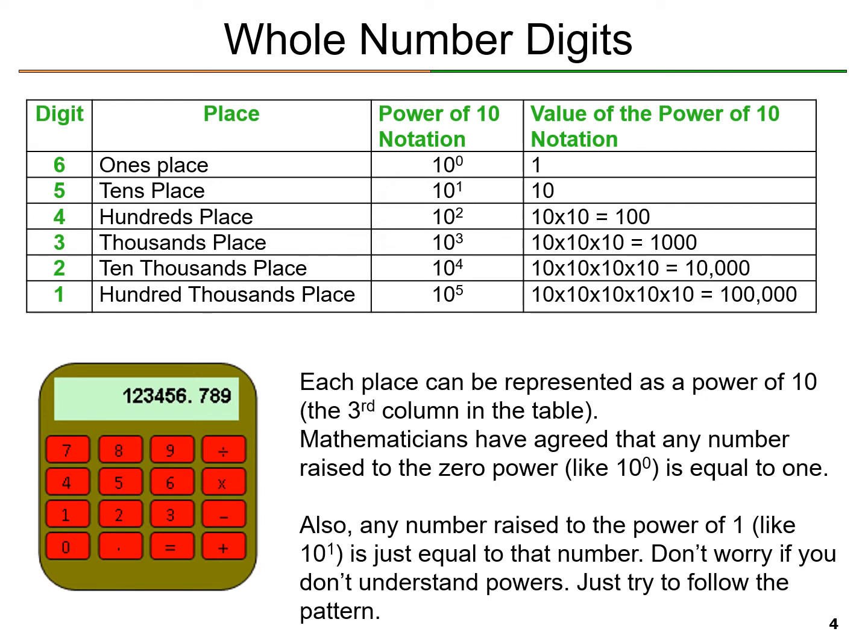So to easily know how to represent 10 using the power 10 notation, the first thing you do is write down a 1. Well, excuse me, let me go back here.